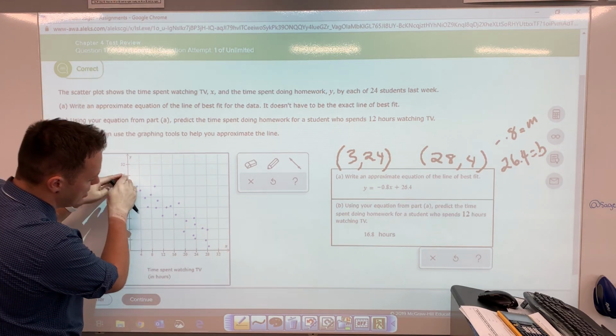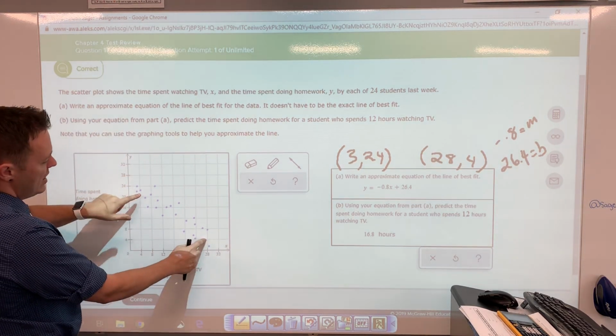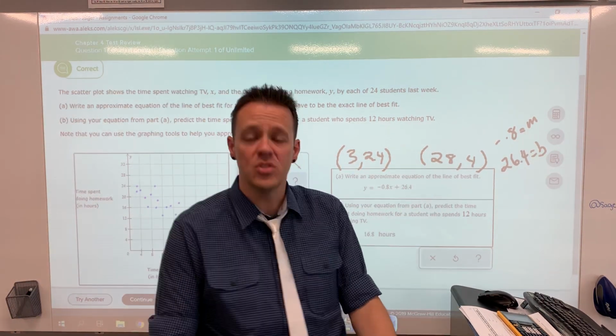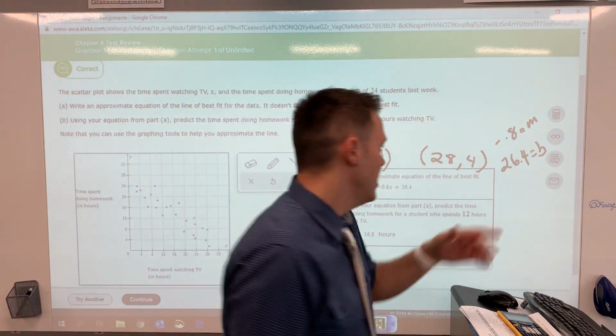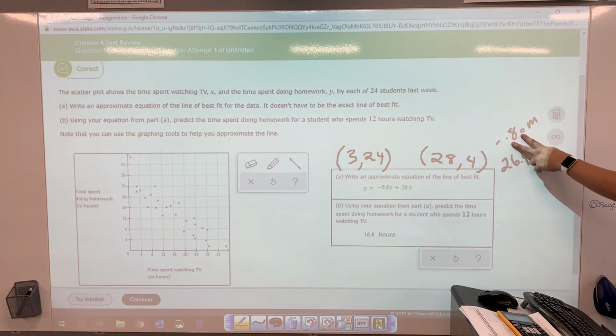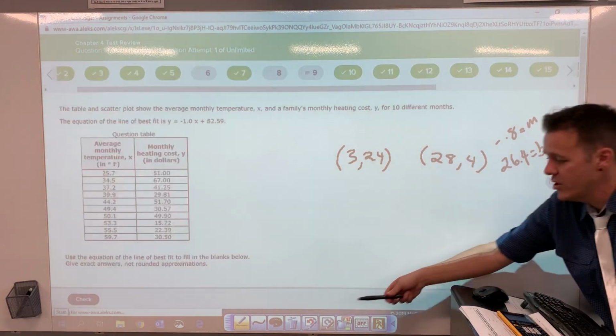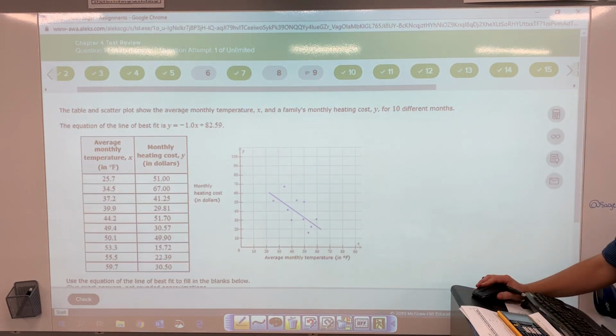If I imagined in my brain drawing a line down here, I picked those 2 points. I put them in Desmos using the y1 formula, which gives me a slope and an intercept. You guys need to do the same thing. Is it hard to do? Yes, but not if you can remember the steps. If you can remember the steps, you'll be highly successful.